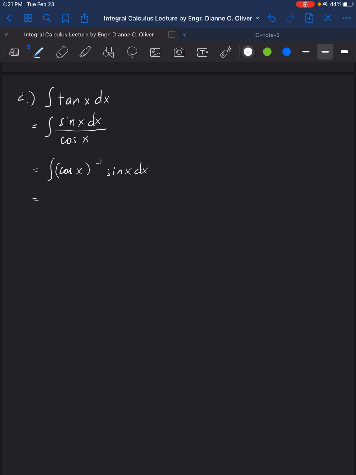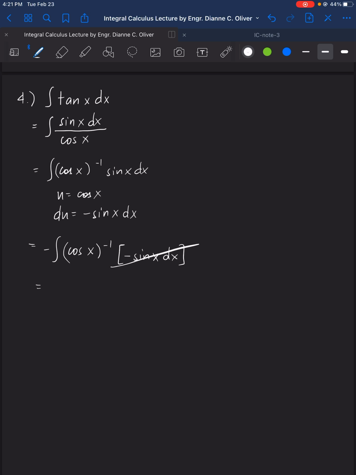So let u equal cosine x, du is equal to negative sine x dx. Okay, so substitution: we have cosine x to the negative 1, and negative sine x dx for the du. Compensate with the negative sign.